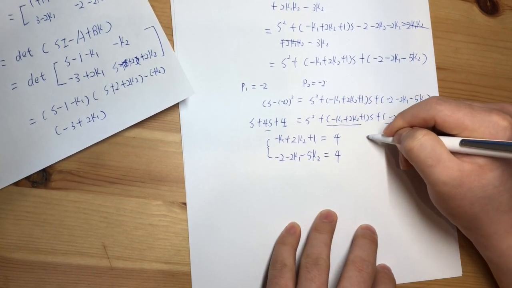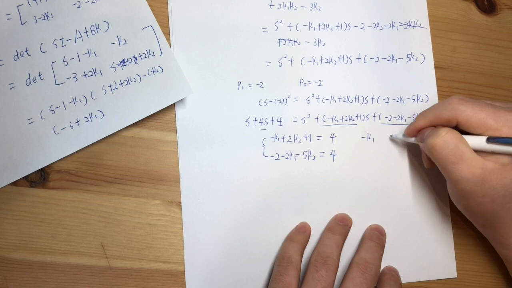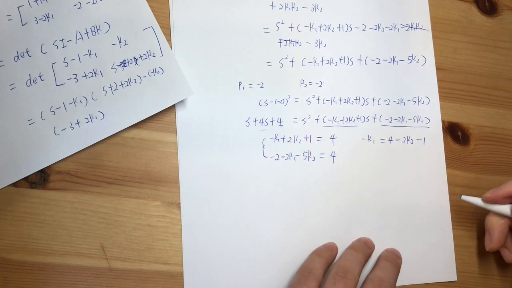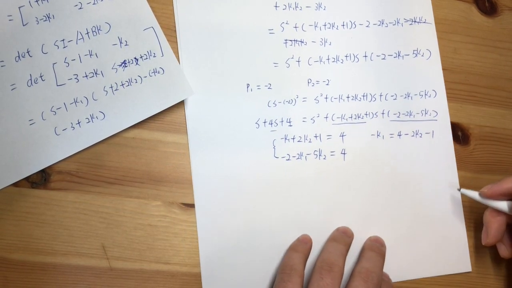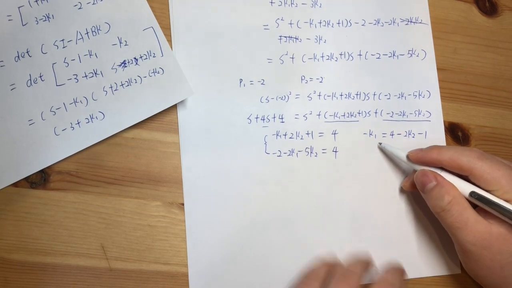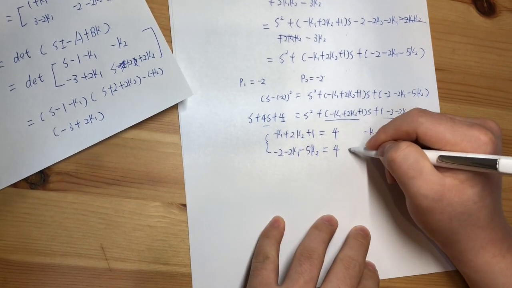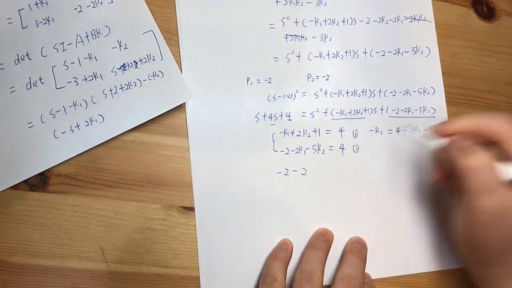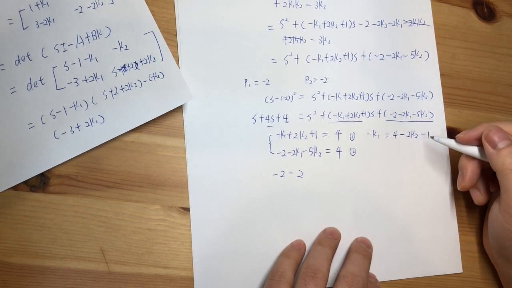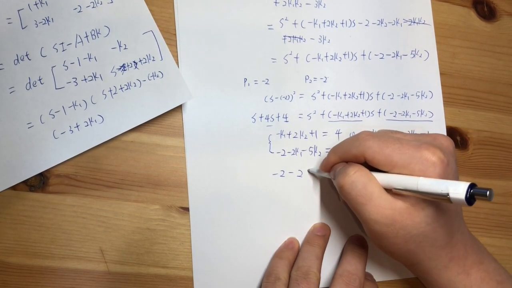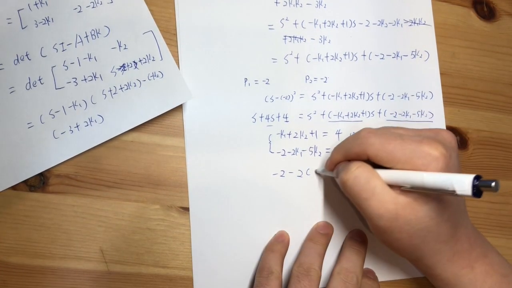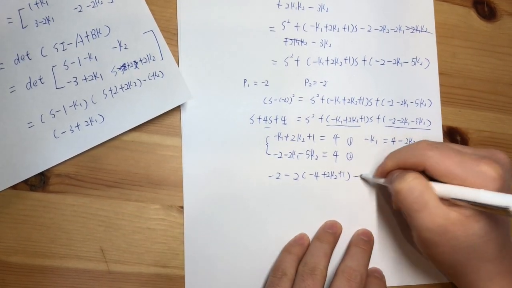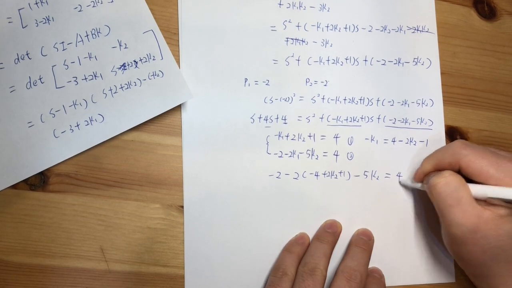We can write k1 equal to 4 minus 2k2 minus 1. We substitute k1 into equation 2. We get minus 2 minus 2 times (3 minus 2k2) minus 5k2 equal to 4.